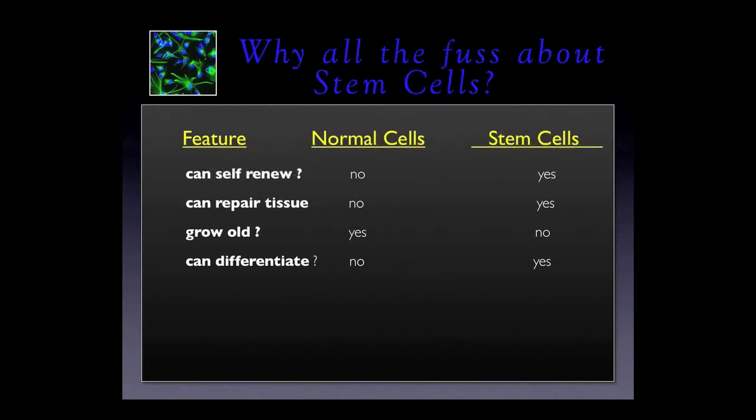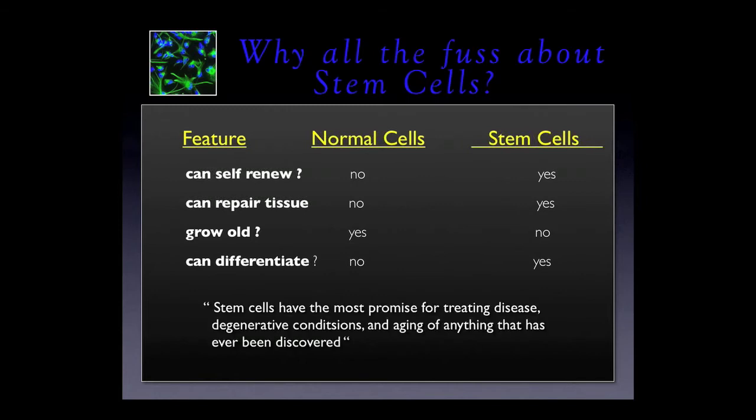For that reason, I personally believe that stem cells have the most promise for treating disease, degenerative conditions, and aging of anything that has been discovered today. Now, for those of you who are a little older, how many times have you heard hyperbole like that? You remember when gene therapy came along? It was going to be the latest, greatest thing that was going to cure everything.